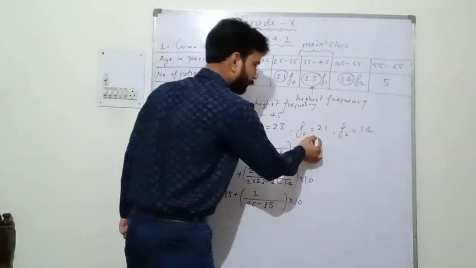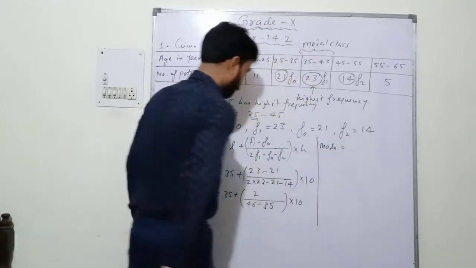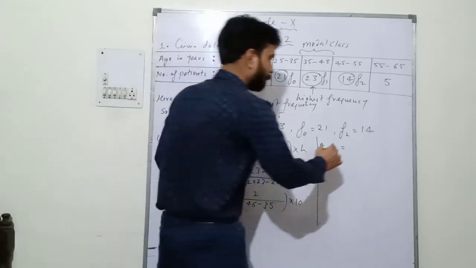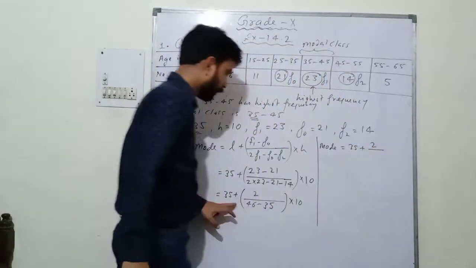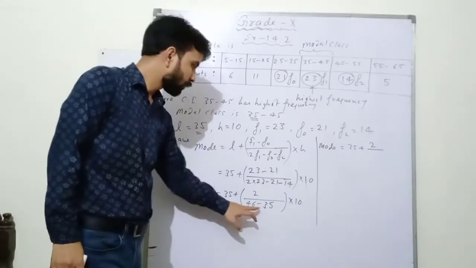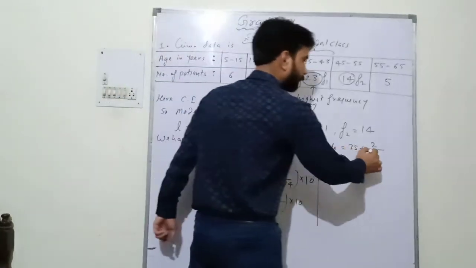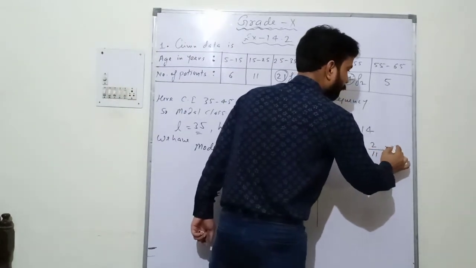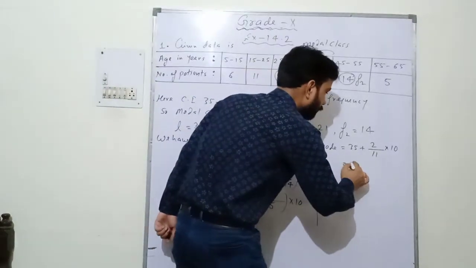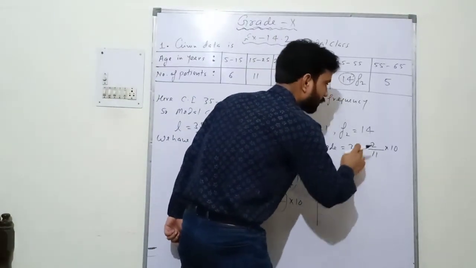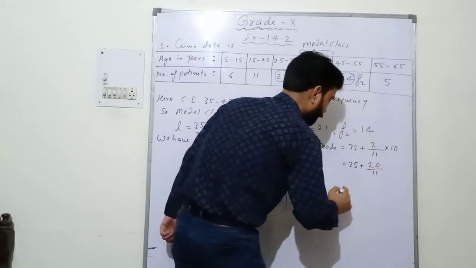Now see, mode equals 35 plus 2 upon 46 minus 35, that is 11, into 10. Clear? Now see, mode equals 35 plus 2 into 10, that is 20, upon 11.